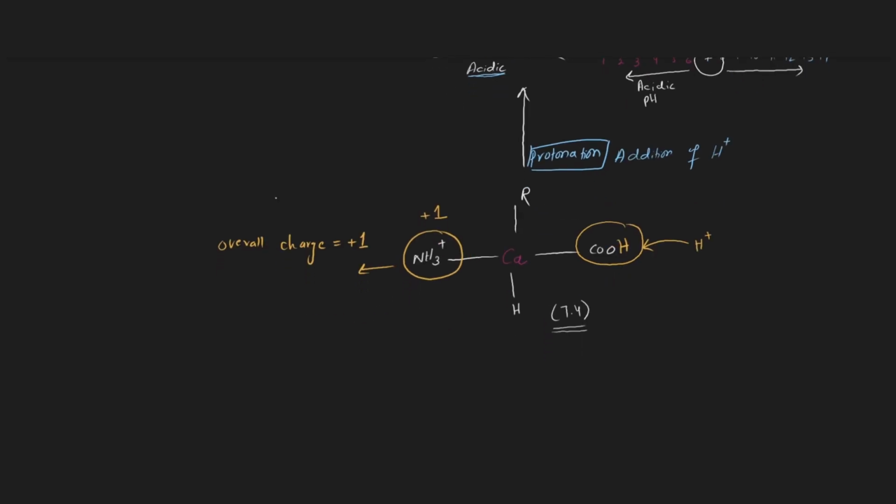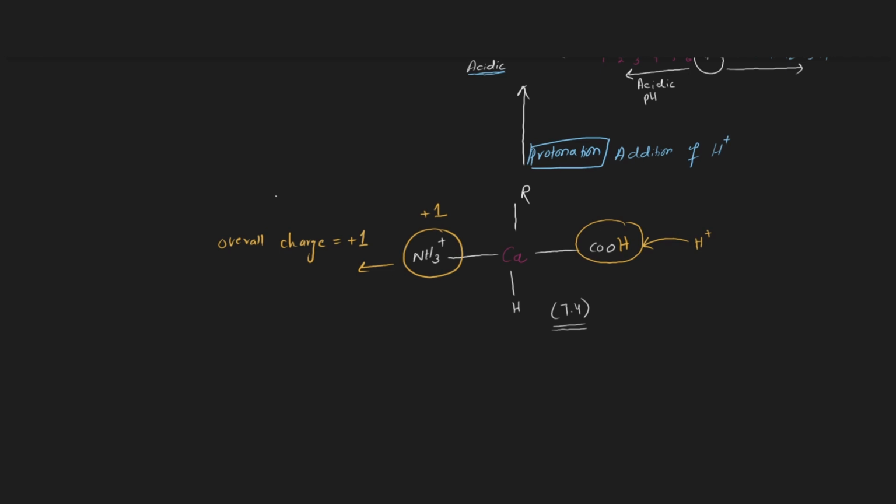You have to keep this point in mind, that at this stage the amino acid behaves as what? Acid or base? It has accepted a proton, so it behaves as a base, and it will have one extra positive charge on it.